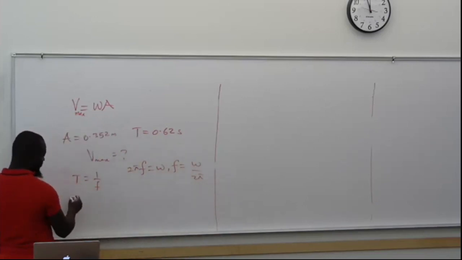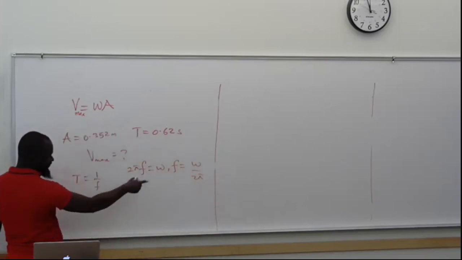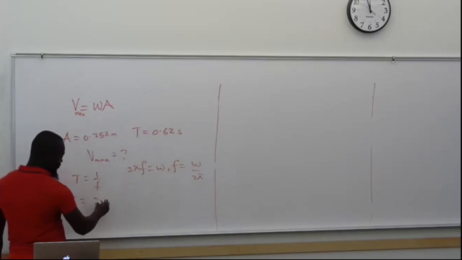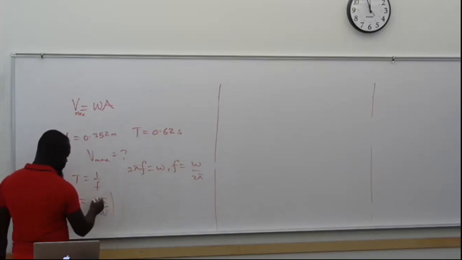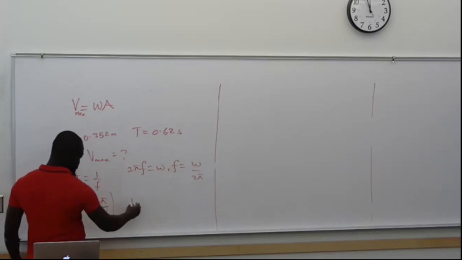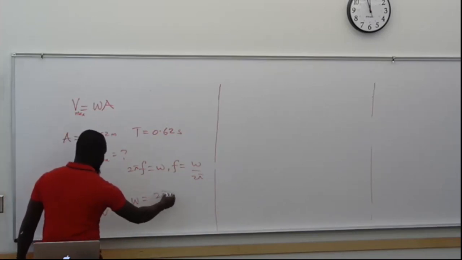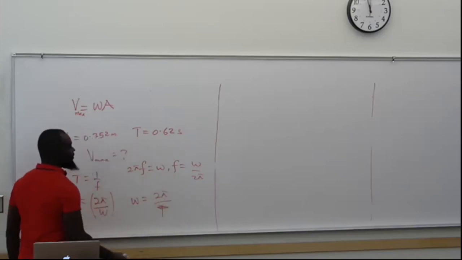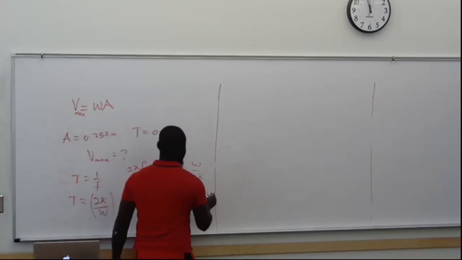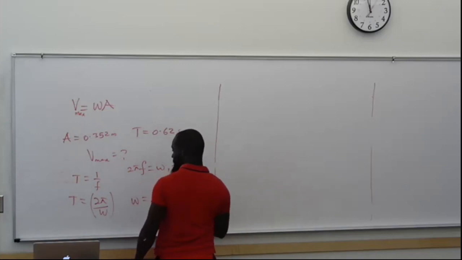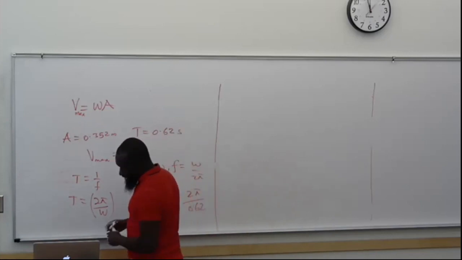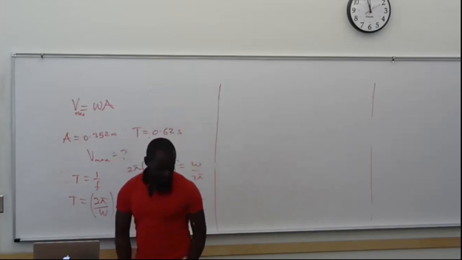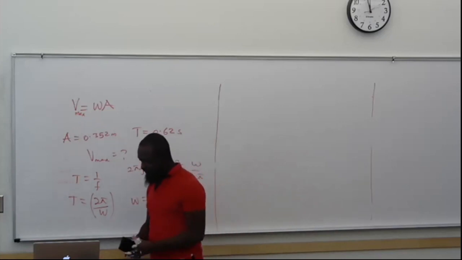So period is 1 over frequency. So period is 1 over omega over 2 pi. So it's just 2 pi over omega. So what is omega? 2 pi over period. So it's just 2 pi over 0.62. Okay. 2 pi over 0.62. Have my calculator right here.